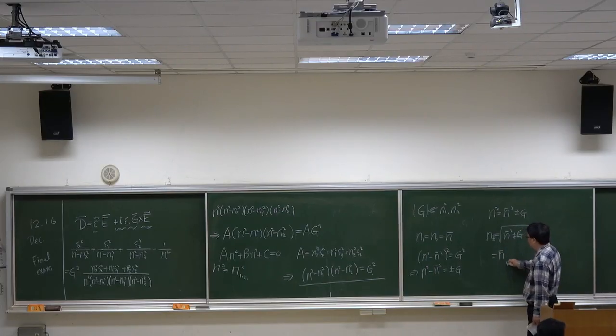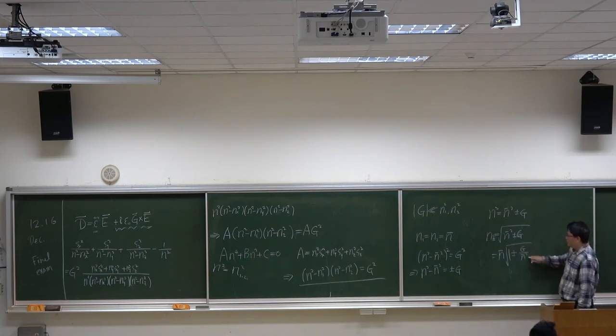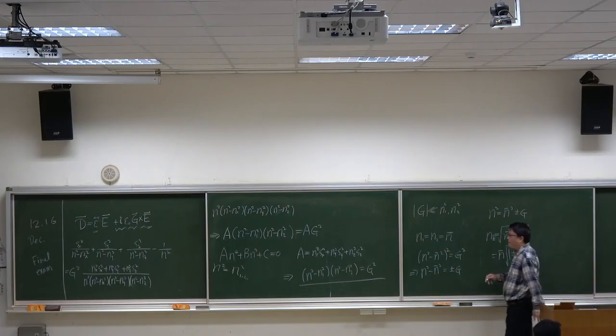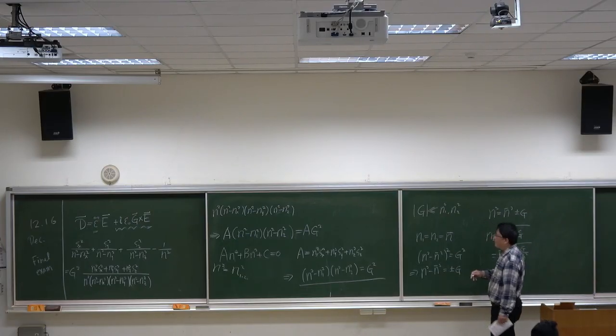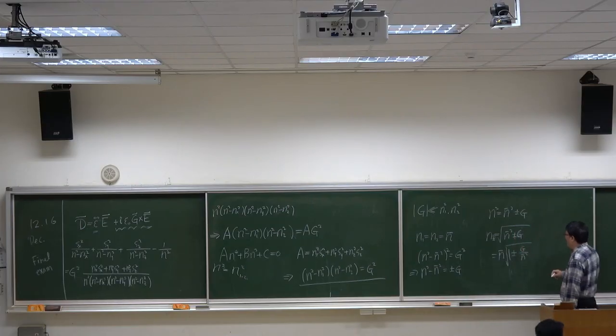This can be rewritten as the square root of n bar squared plus or minus g. And since g is much smaller than n bar squared, we can apply the so-called binomial formula.